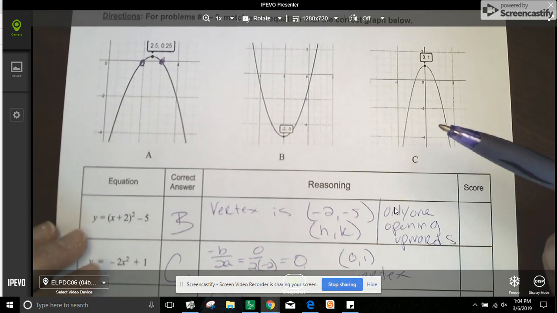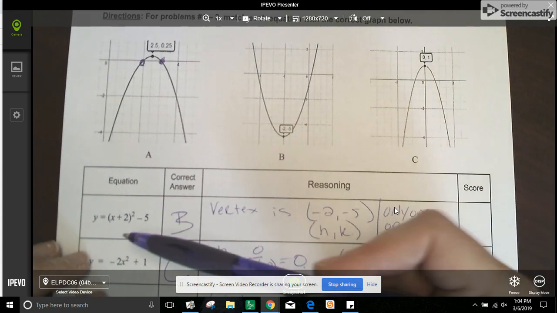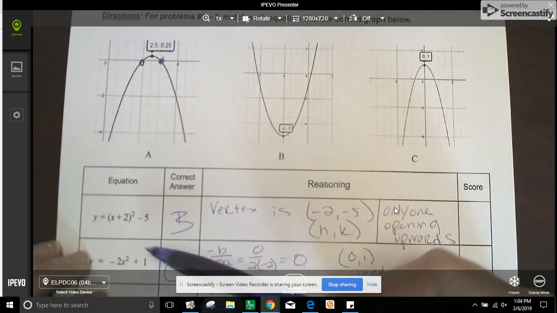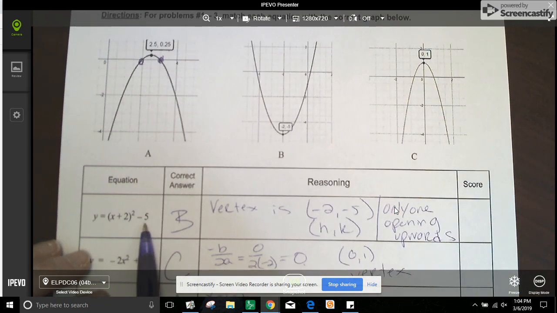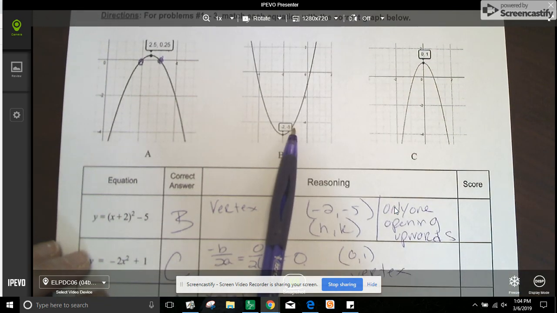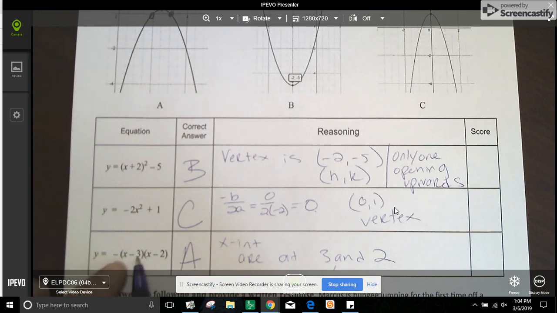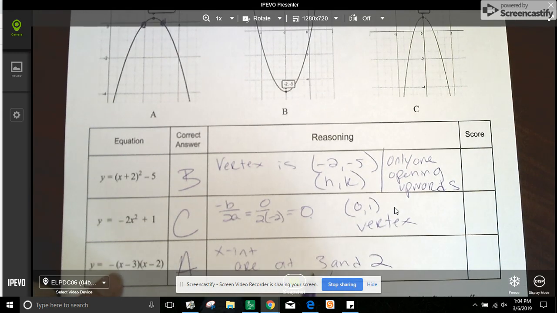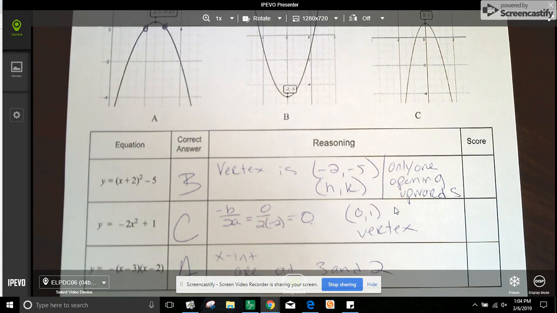But some answers we were not taking was that this had a 5 and that had a 5. This had a 1 and that had a 1. I know what you're doing, but if you're not telling me that it's because 2, 5 is the vertex, it's not going to count. Or, for instance, some of you said 3 and 2, I saw 3 and 2 on this graph. You have to tell me that the 3 and the 2 are the x-intercepts. You can't just tell me that the numbers match the numbers on the graph. You have to tell me what those numbers are and what they represent.